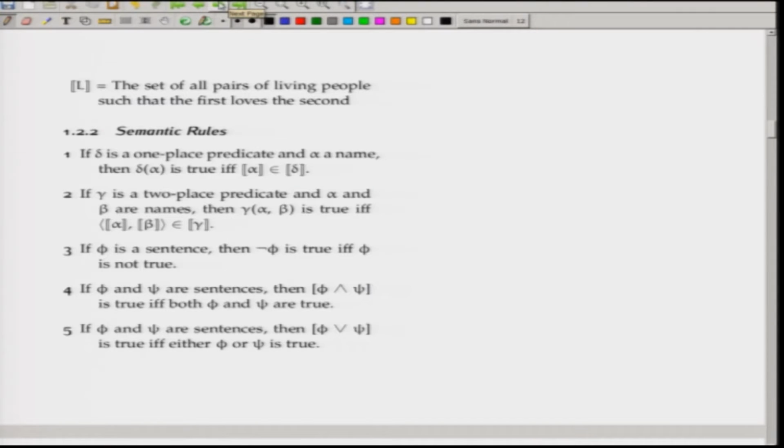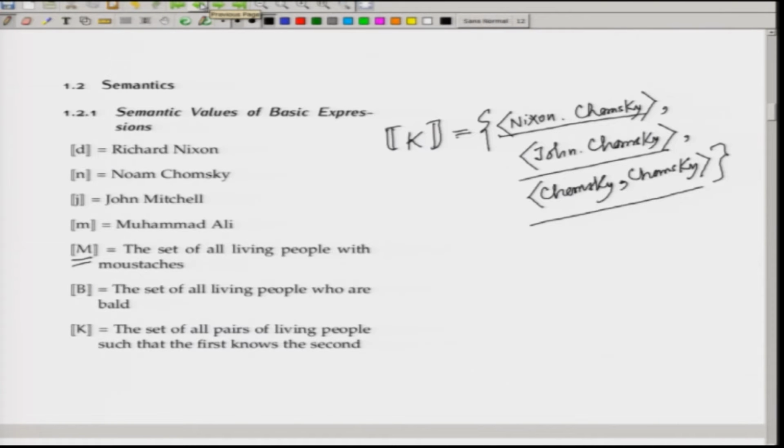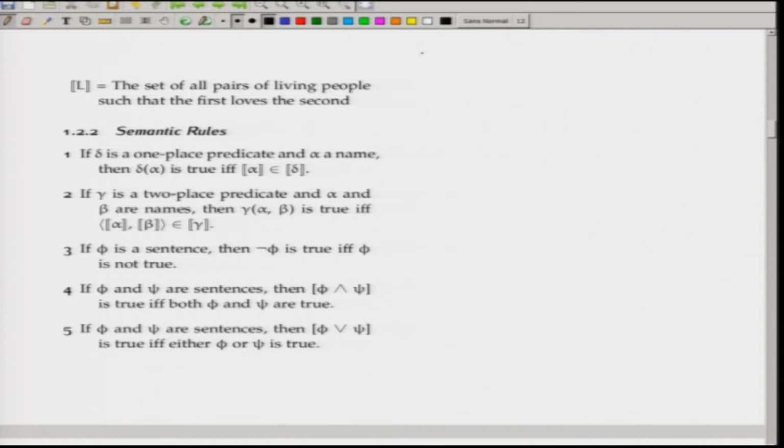And then the denotation of L is the set of all pairs of living people such that the first loves the second. So, suppose in our system, once again we see the basic expressions, that is, we have Nixon, Chomsky, John, and Ali. Suppose our model is such that in this model only Nixon loves John and Ali loves himself, and nobody else loves anybody else.